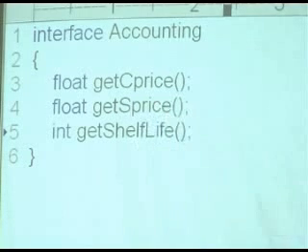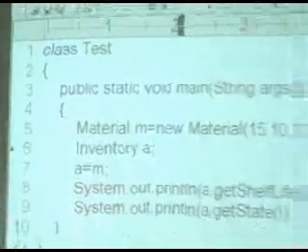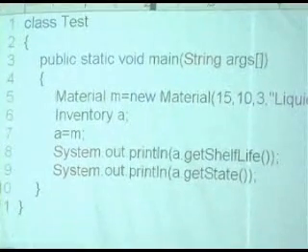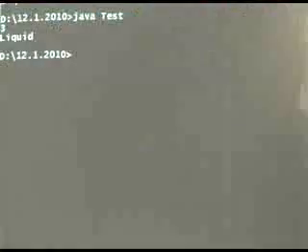The return type of both the methods is same, then there shouldn't be any problem whatsoever in order to create this program. Let's just do it, let's just compile test. So what has happened now is the inventory interface as well as the accounting interface give shelf life. Okay, so let's compile this program just to try this out and see whether these things work.